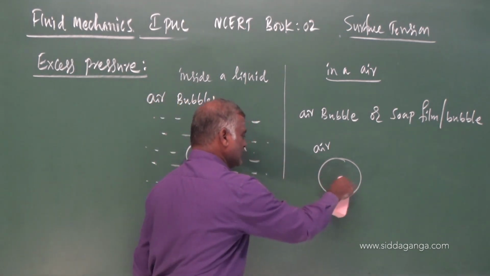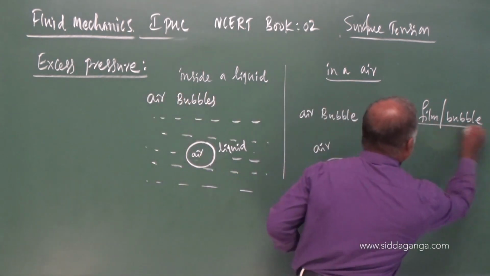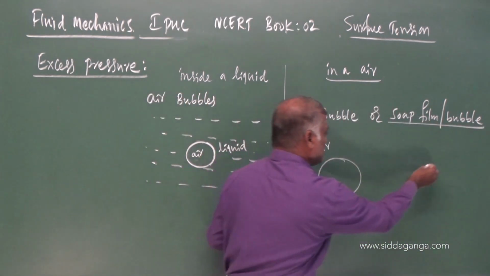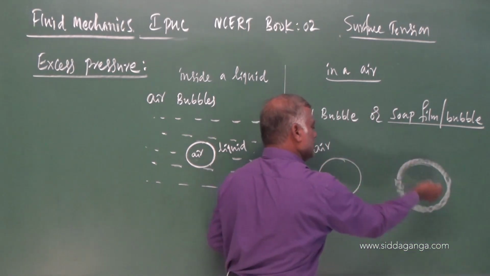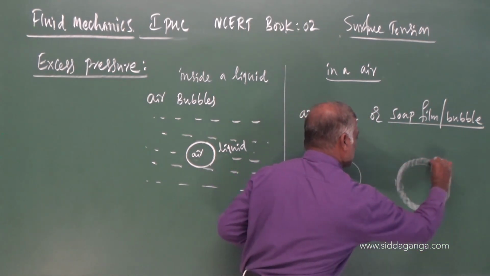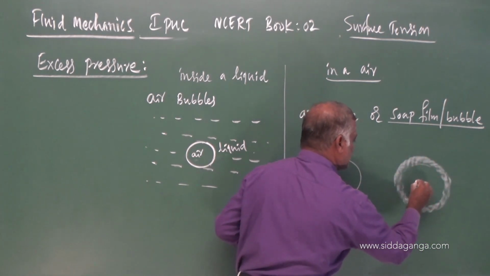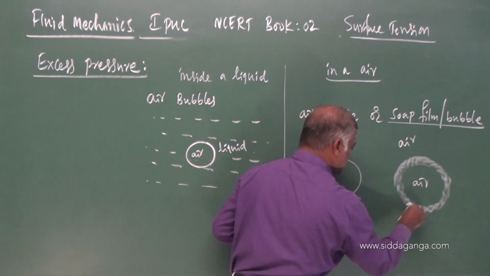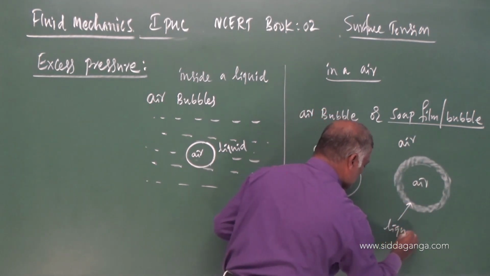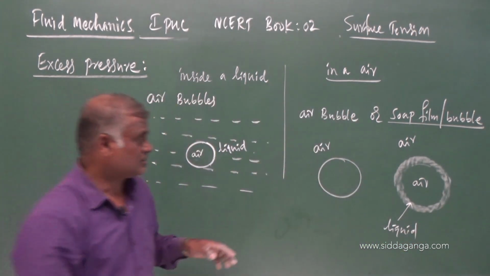Understand properly. Soap film or soap bubble, here what happens is, here it is air, here also air, and this one is a liquid. There are two free surfaces.